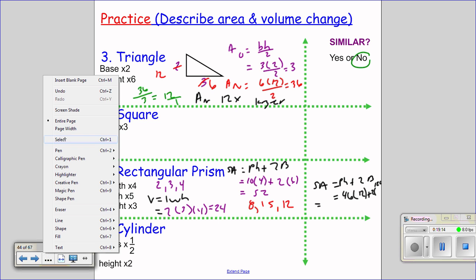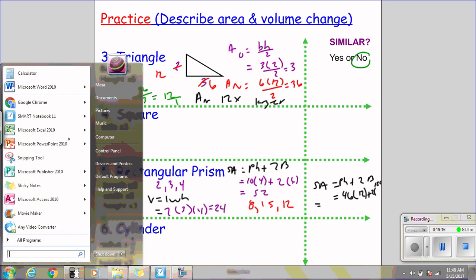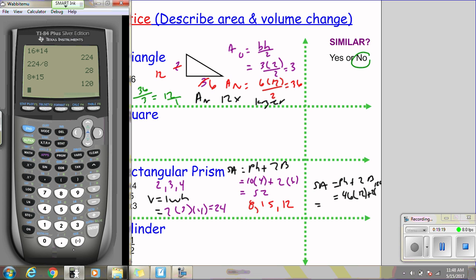Put all that in a calculator in one step. 46 times 12 plus 2 times 120. 792. Let's go ahead and do the new volume while we're at it, because that's going to be 8 times 15 times 12.